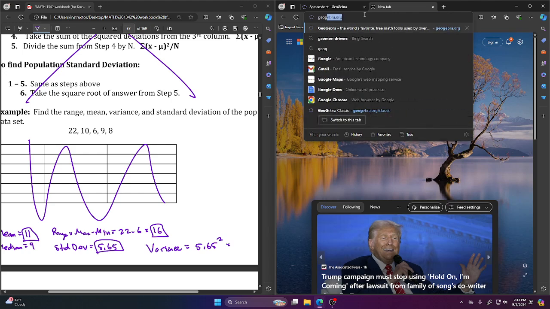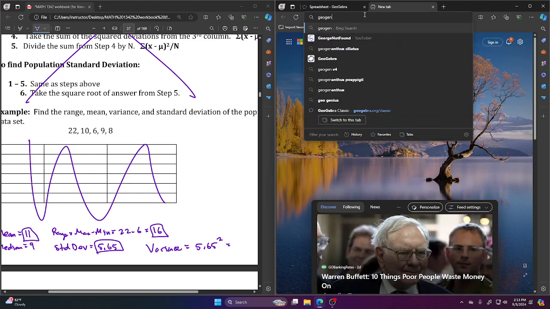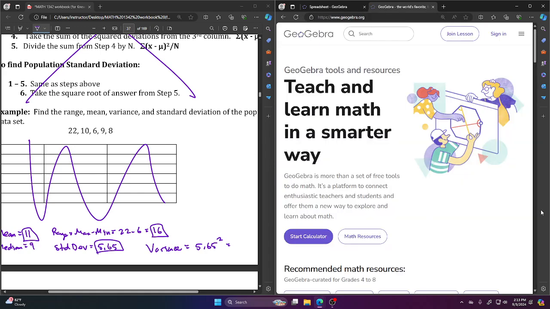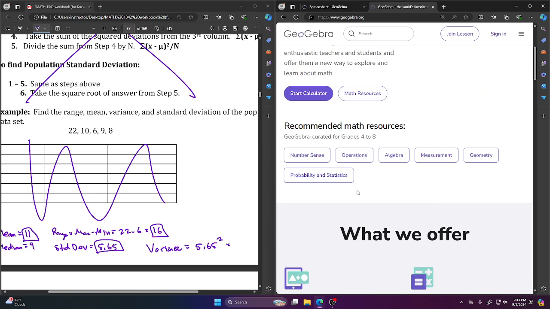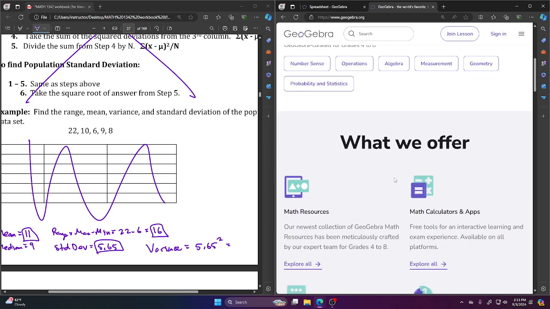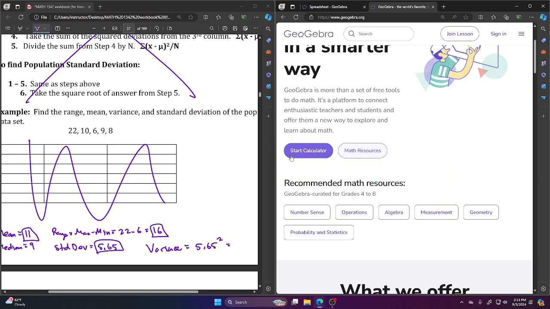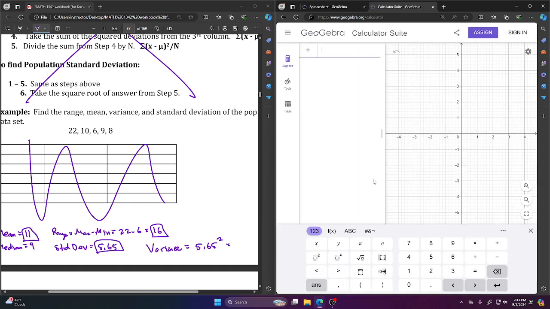So I went to Desmos one time, and I totally recommend Desmos over this, because I don't think GeoGebra is as nice, personally, for this. But we're just wanting a regular old math calculator. Start the calculator. That's not what I want. Can I just type something in here? Do you think it's going to work?